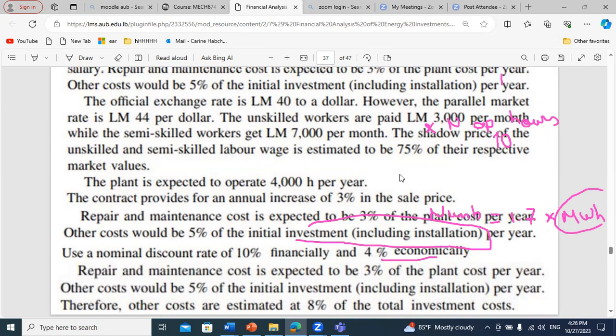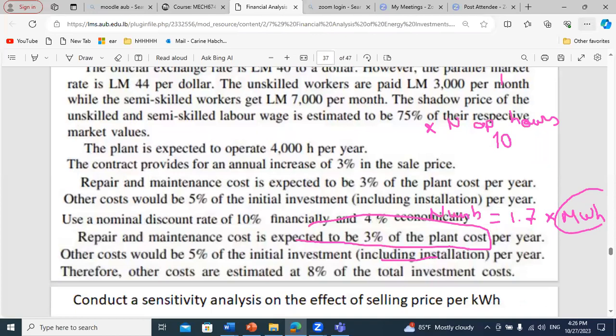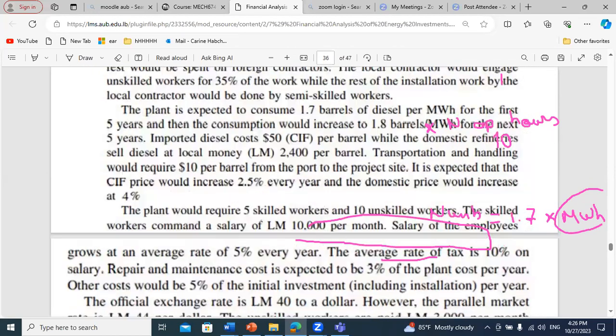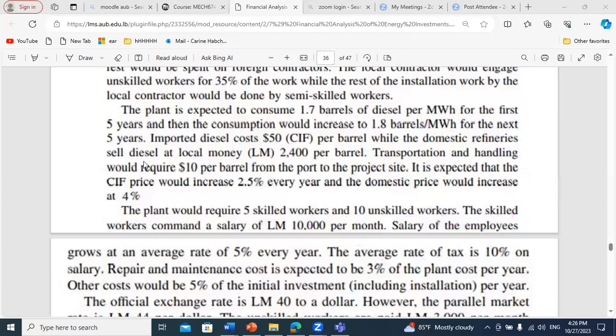And then to find the cost, of course, they should provide us with the cost of 1 barrel. If we go down, we can see here that they gave us details on the cost per barrel. We will have to find the difference between the economic and financial cost.